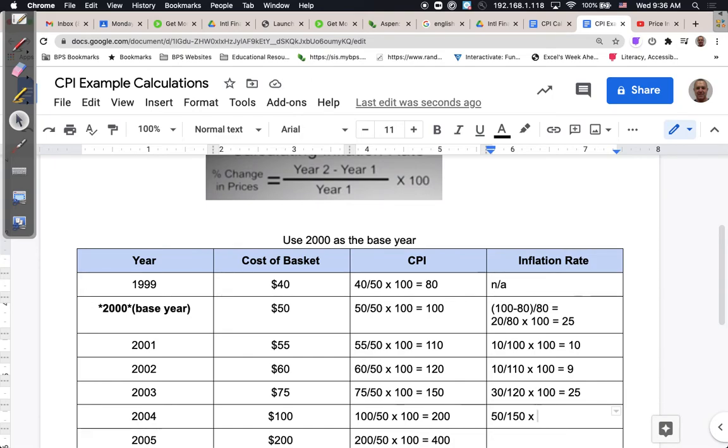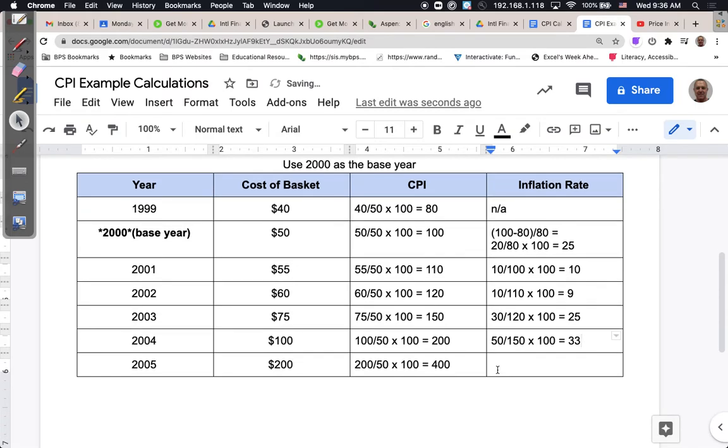We'll call it 0.33. Multiply that by 100 and it's 33. All right, and then the last one. The CPI jumped up 200 points. We compare that to the 200 that we started off with in 2004. Multiply by 100. 200 divided by 200 is 1. 1 times 100 is 100.